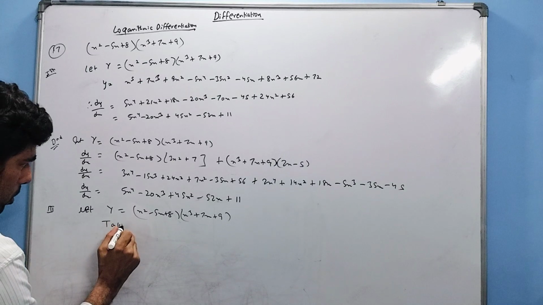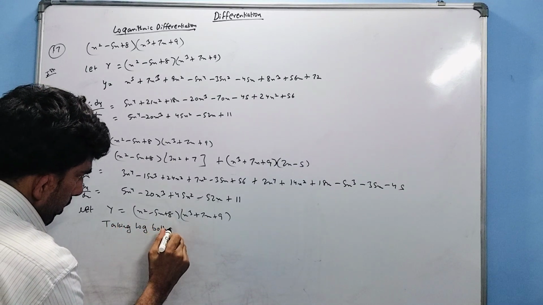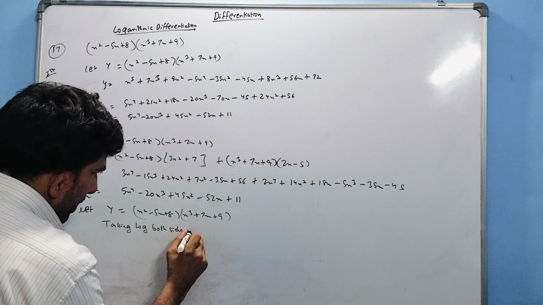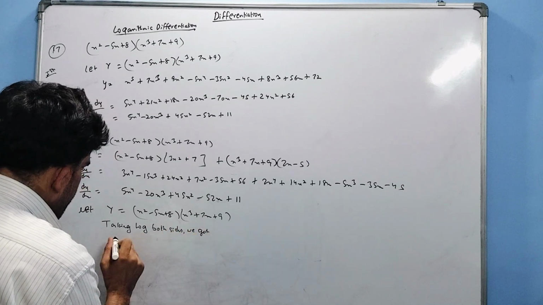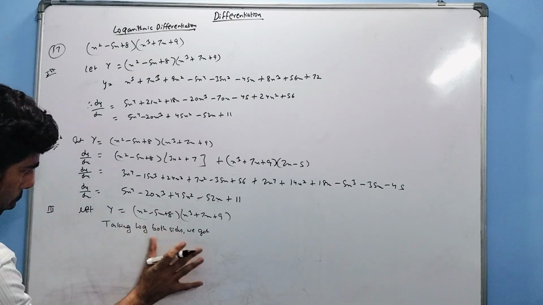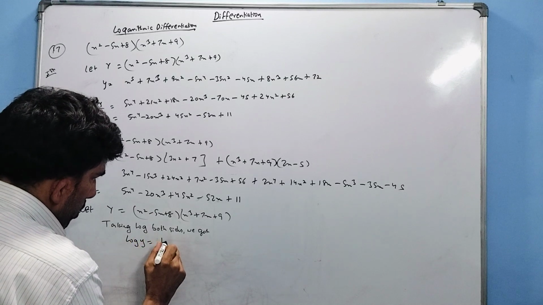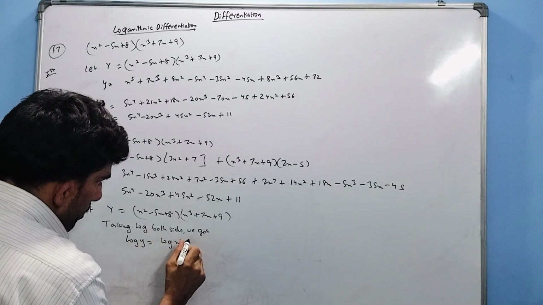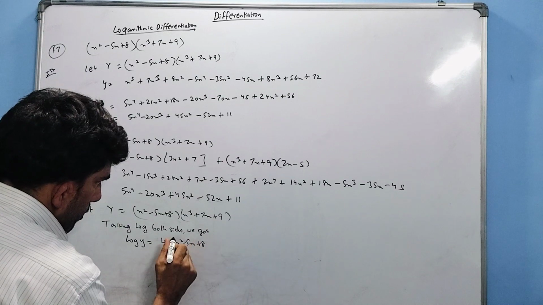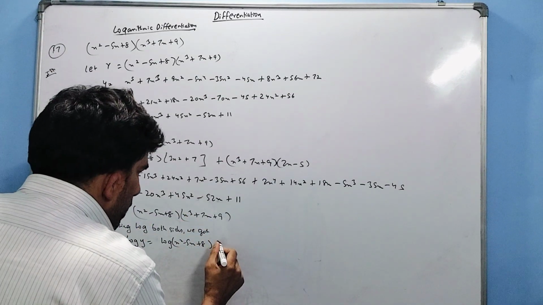Taking log both sides, we get log y is equal to log of... we know that log of ab will be log a plus log b.